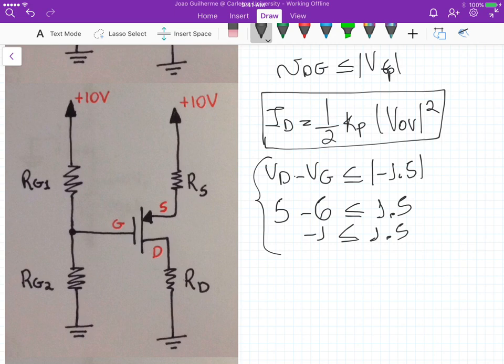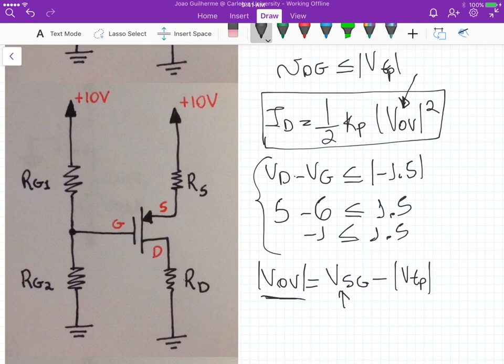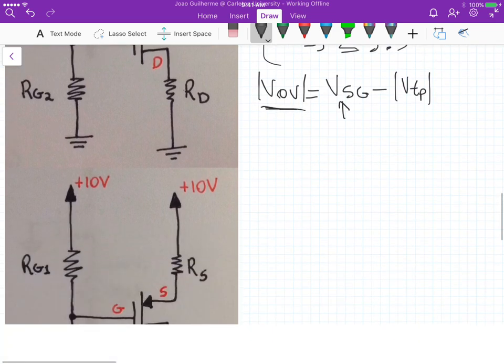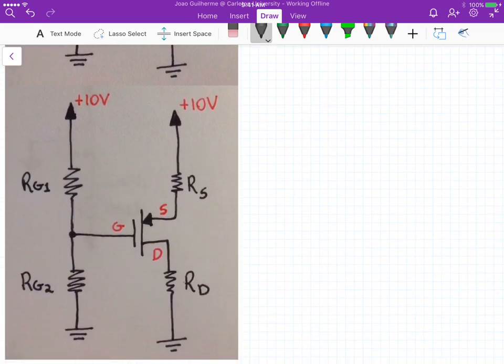From this equation, we can determine the overdrive voltage. If you remember, the magnitude of the overdrive voltage equals VSG minus the magnitude of the threshold voltage. So if we define the overdrive voltage, we can define VS because we know VG. From this equation, we can isolate V overdrive.